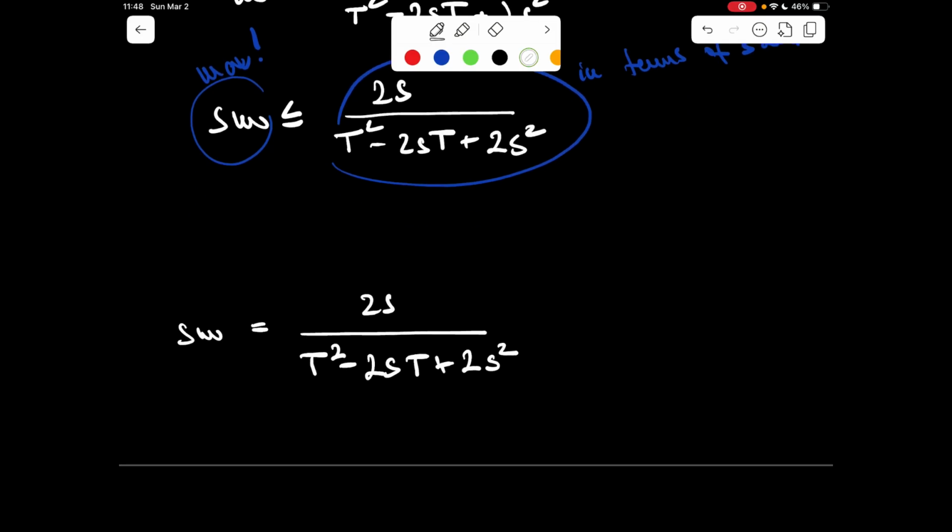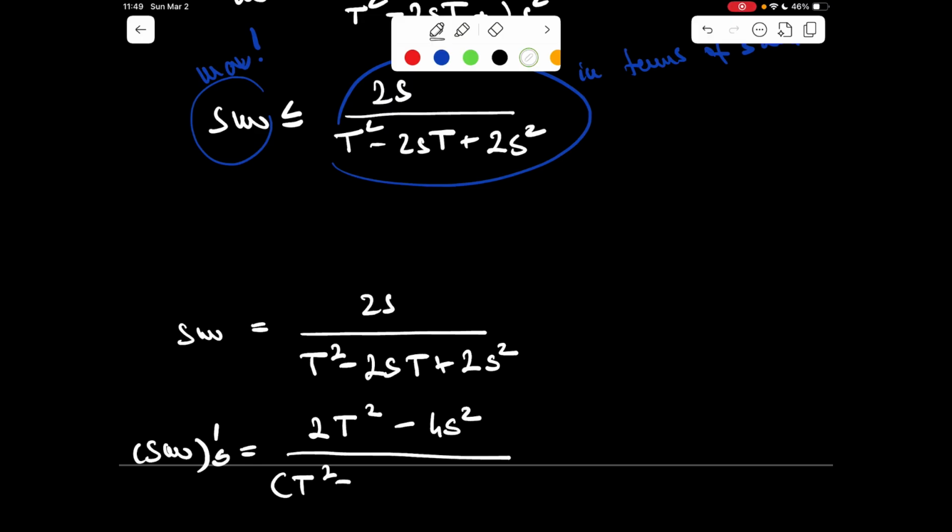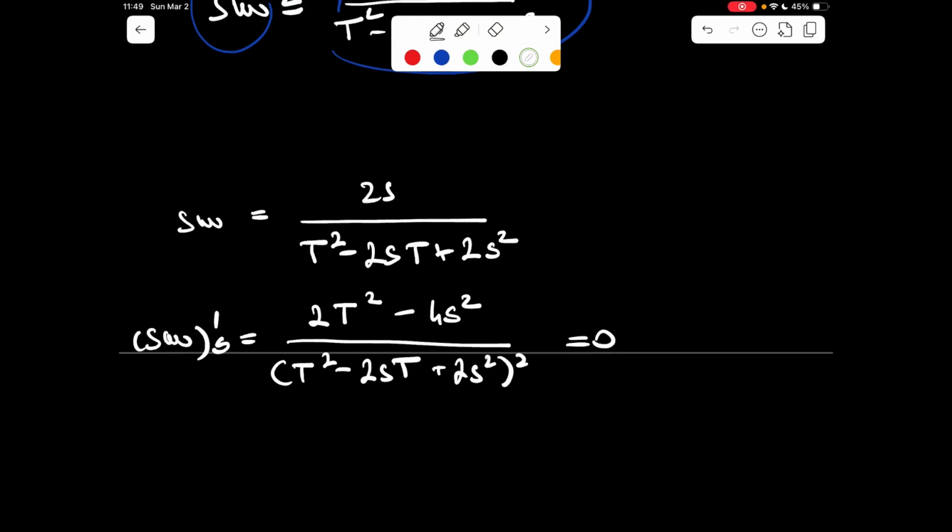And it's simple because what we need is to find an S as a first order condition, by which we can express S as a function of T. By doing the math, we will receive this requirement, and it is 0, because we are looking for the maximum of Sm.